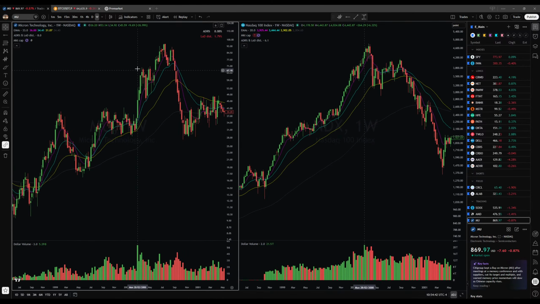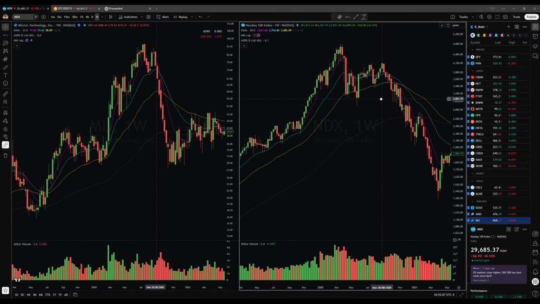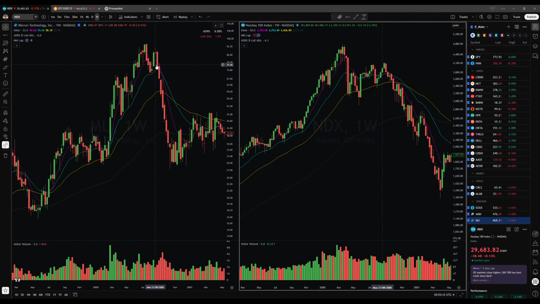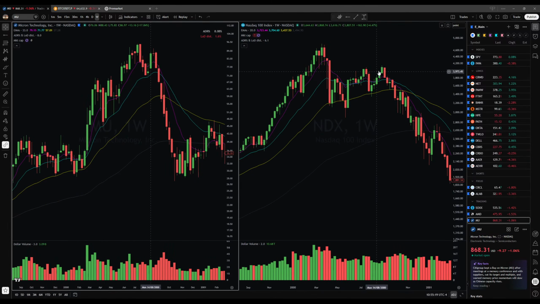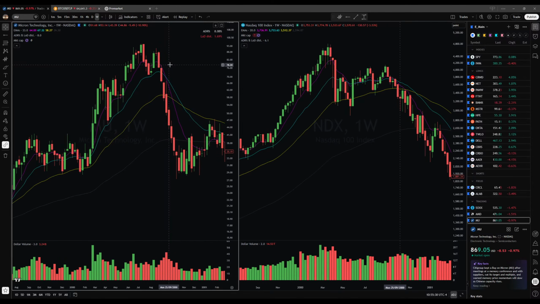It survives the first pullback pretty well, and then gradually it makes the first lower low when the Nasdaq tries to make a higher low. The Nasdaq actually made a higher low, but it failed a week later. And MU is showing the weakness a week before the Nasdaq pulled back. I don't know, could this be a sign?